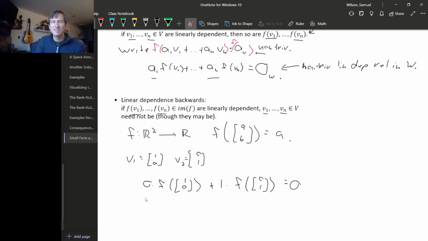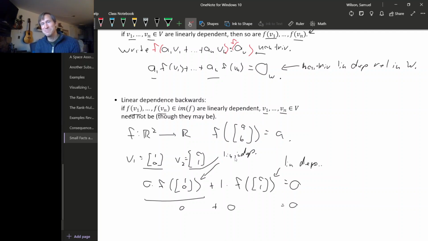Because this term is 0 because it's multiplied by 0. This term is 0 because f of (0, 1) is 0. So this whole thing is equal to 0. So these two outputs are linearly dependent. But of course, the two vectors I started with were linearly independent. So this function turned a linearly independent set into a linearly dependent set.